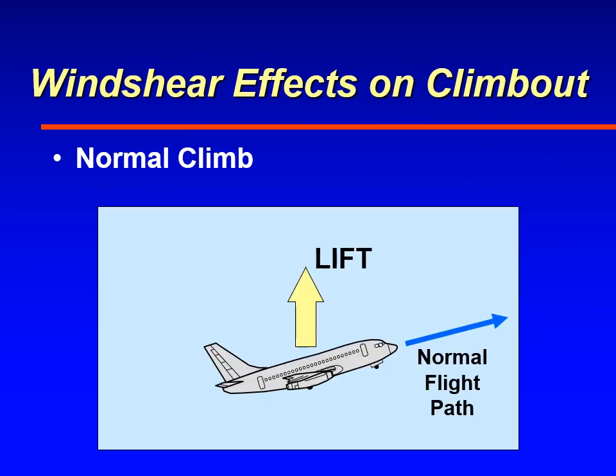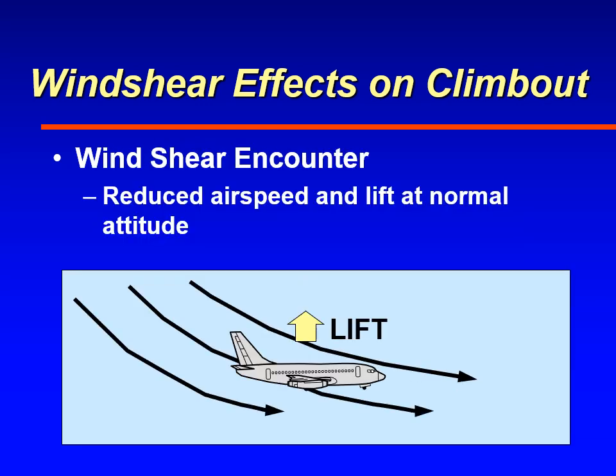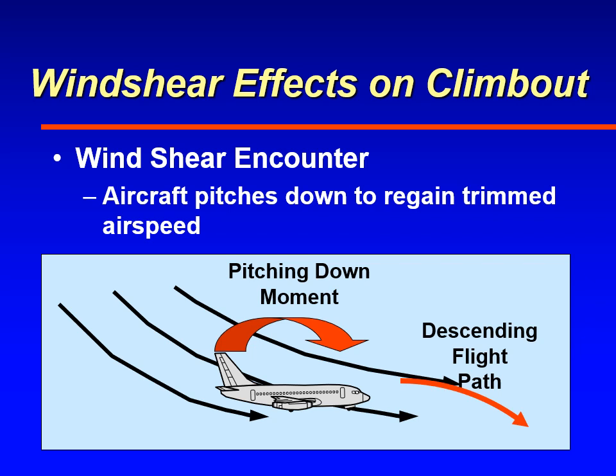So this is what the lift and the flight path look like during a normal climb right after liftoff. But if you encounter an increasing tailwind shear, your lift will be reduced dramatically because of the reduced airspeed. The airplane will want to pitch down, and if you allow it to do that, it'll impact the ground.